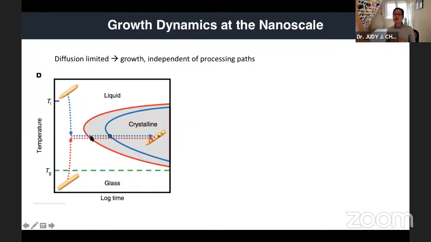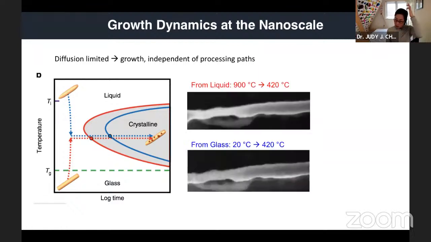Now, if you do not consider the structure of the glass and only think about diffusion limited growth, then what this says is that irrespective of how the temperature has reached the growth temperature, the growth rate should be the same, as long as it's at the same temperature, because the diffusivity is only a function of temperature.